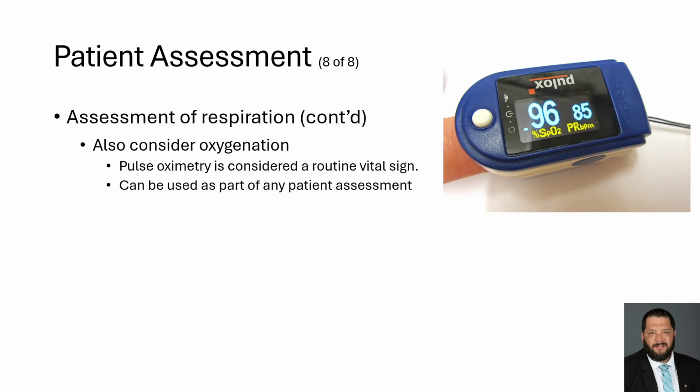We look to achieve an SpO2 greater than 94%, but we're not looking to achieve an SpO2 of 100%. An SpO2 should be at 94 or greater with room air, and that's sufficient in most patients for oxygenation. This is a routine vital sign and should be assessed on every patient you encounter.